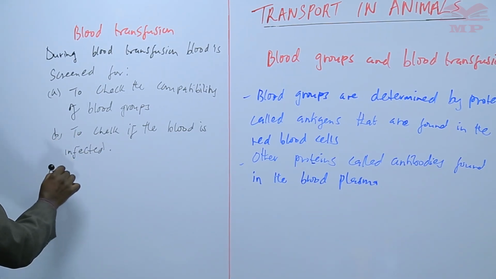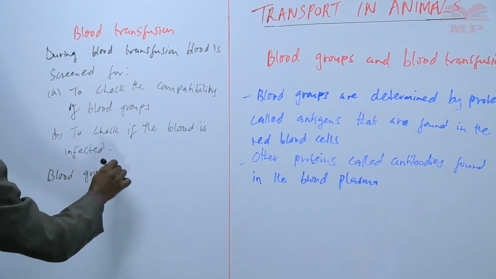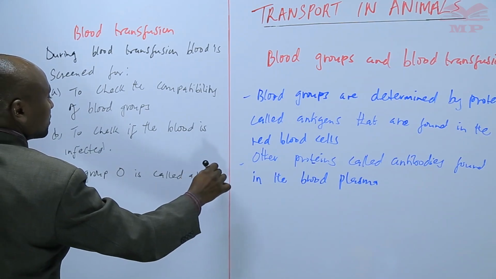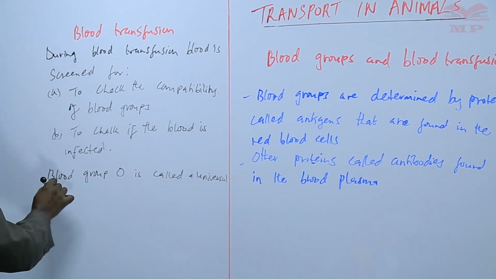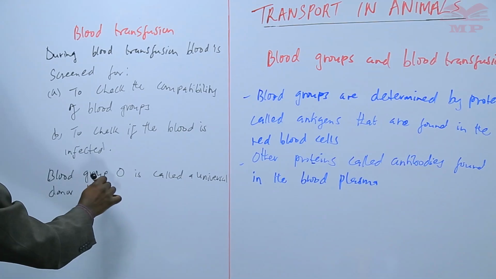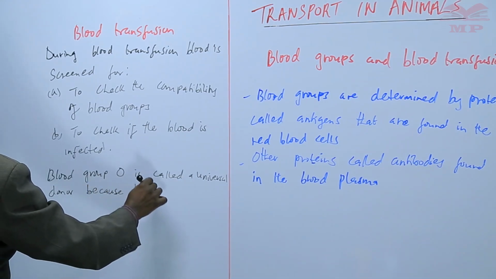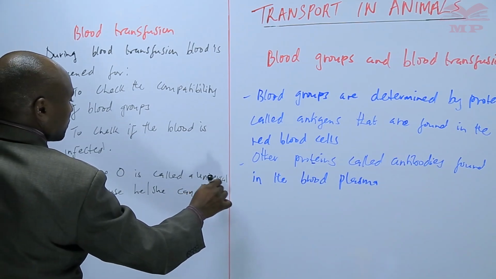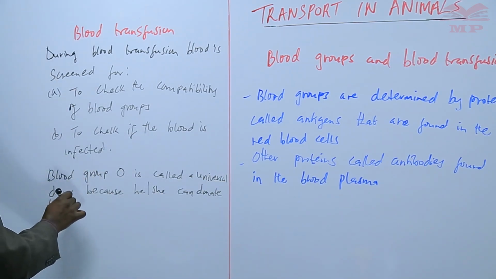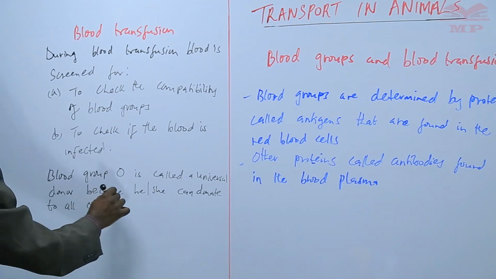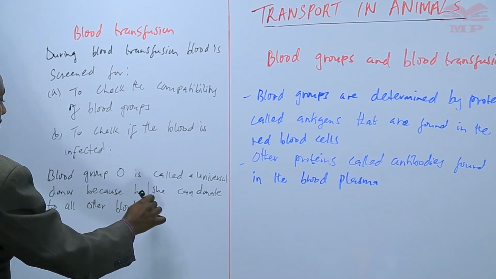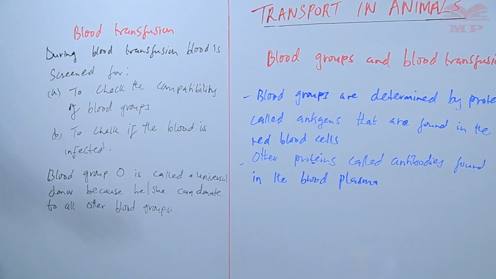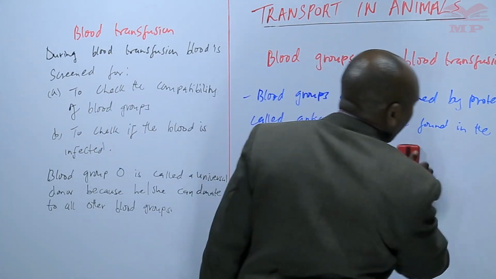Then blood group O is called a universal donor because he or she can donate to all other blood groups. So that's why the blood group O is called a universal donor.